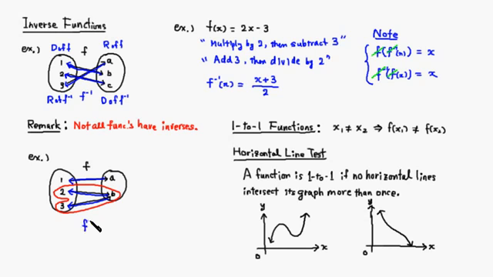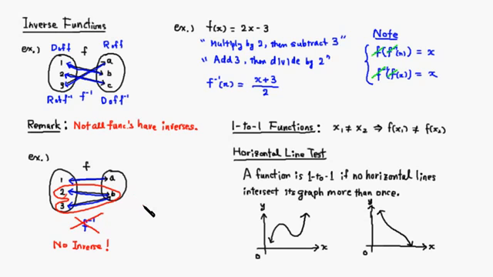We thought this would be an inverse function, but it is not a function, so there is no inverse for this function. What caused the problem is that two different elements in the domain are mapped to the same element in the codomain. So we have to eliminate that.